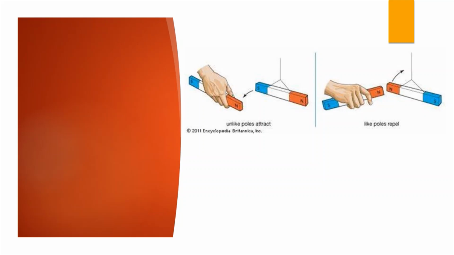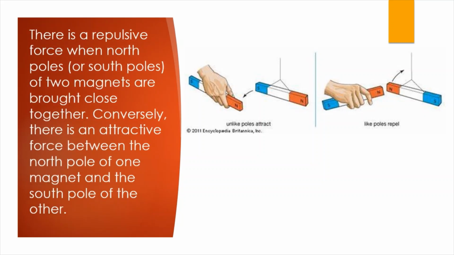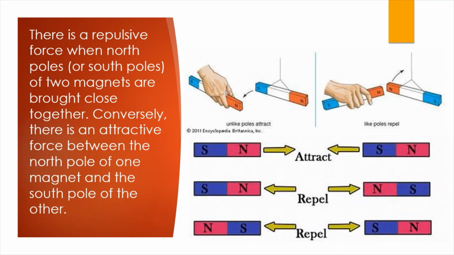So here you can say that there is a repulsive force when two north poles or two south poles of the two magnets are brought close together, as well as an attractive force between the north pole of one magnet and the south pole of the other. So in short, north and south will attract each other while the north poles of the two magnets and the south poles of the two magnets will repel each other.